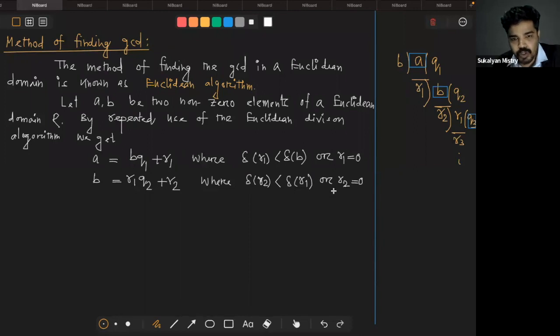ঠিক, so continuing this process, R1 is equal to R2 into Q3 plus R3.